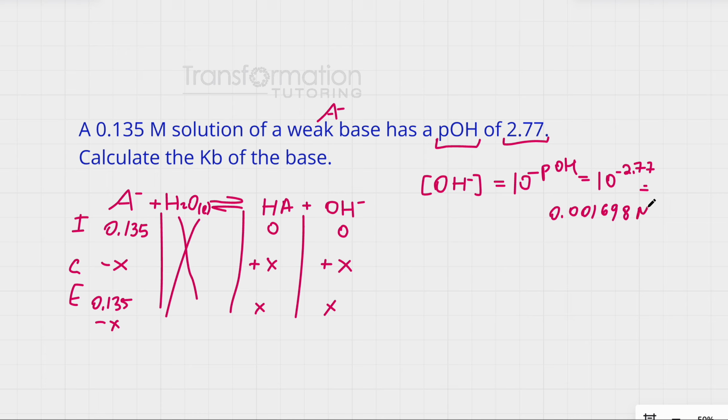So this is my concentration of OH minus. What is it? Well, if you look at the ice chart, the concentration of OH minus at equilibrium is x. So that means I just found my x.